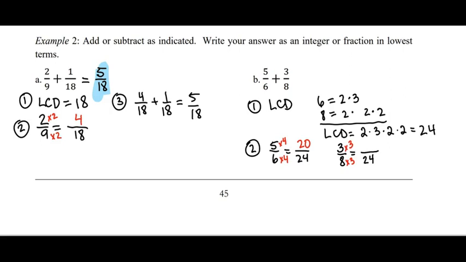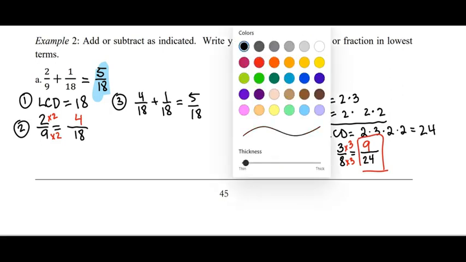So the first fraction had to be multiplied by 4. The second fraction had to be multiplied by 3. That's why it's so challenging. So 3 times 3 is 9. Now my two new fractions are 20/24 and 9/24. They have the same denominator, which is what I wanted.